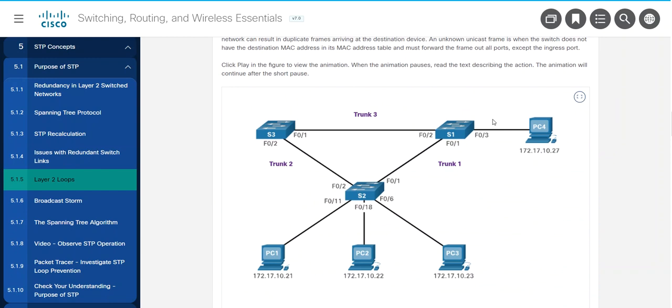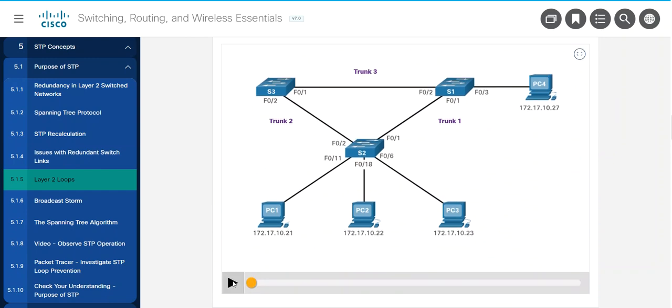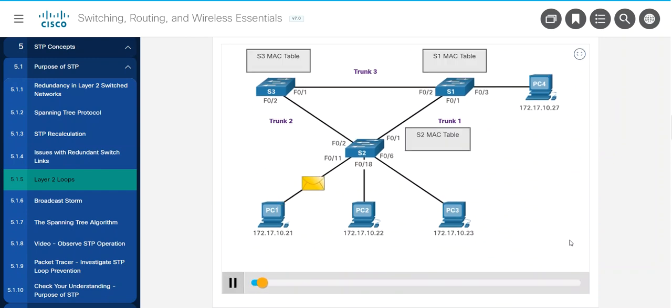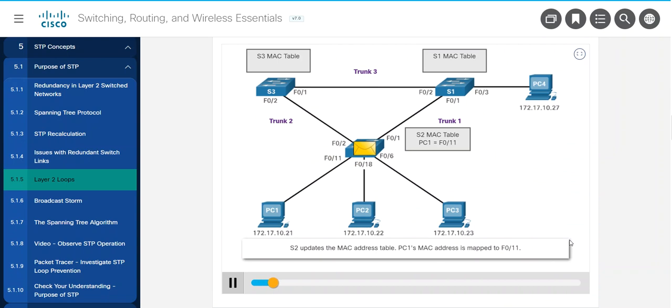So to give you an example of what it would look like if you did not have that, you see that the frame goes into switch 2. Now it's going to broadcast it out all the ports except for the one it received it on. The other 2 switches are going to update their MAC address table.